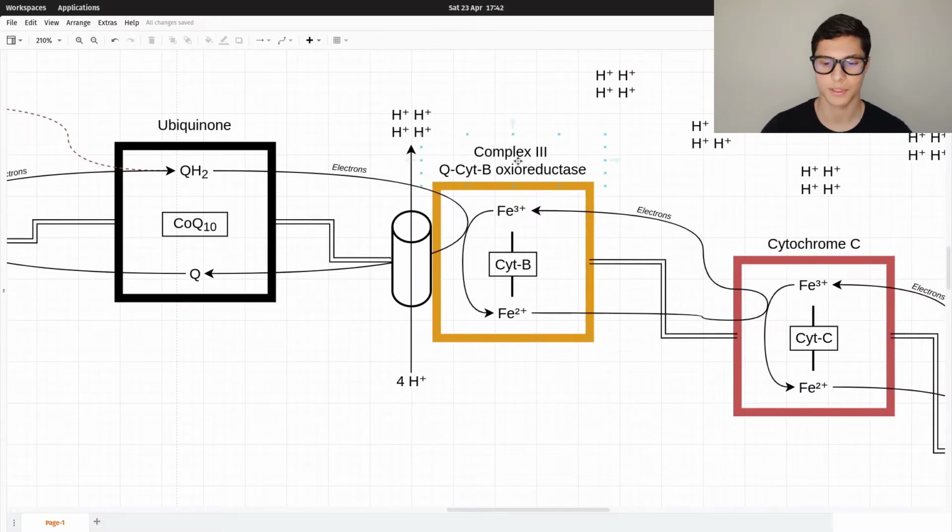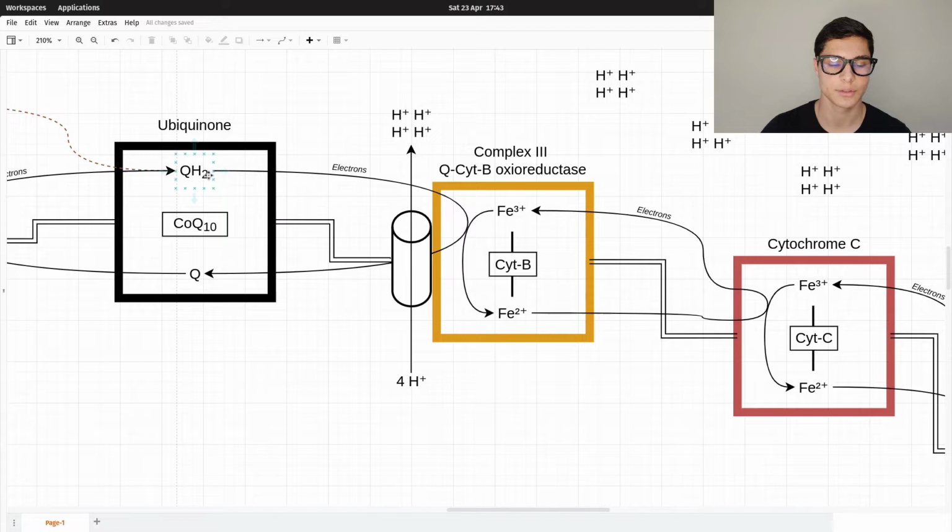Then we get to complex number 3, which is called Q cytochrome B oxidoreductase. Okay, what is that? Q means from ubiquinone, cytochrome B to the cytochrome B, which is the center of this complex, oxidoreductase. We're going to reduce the iron in here.